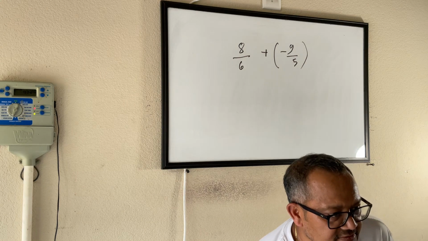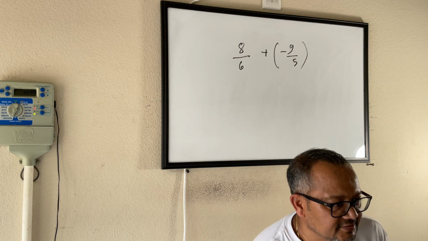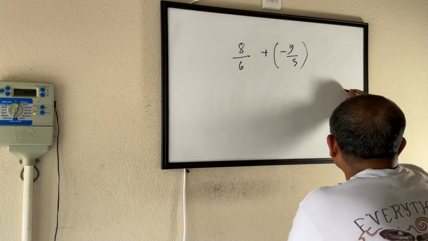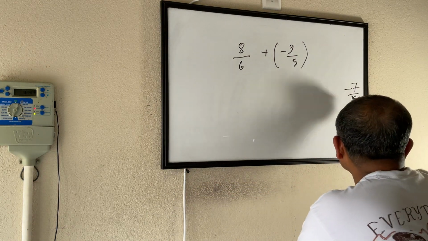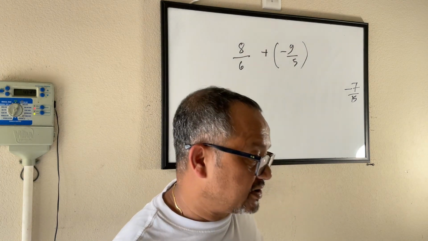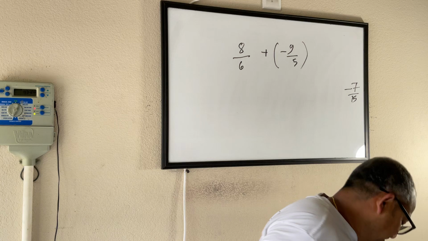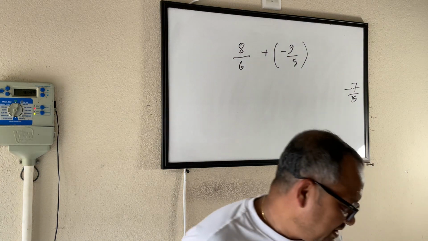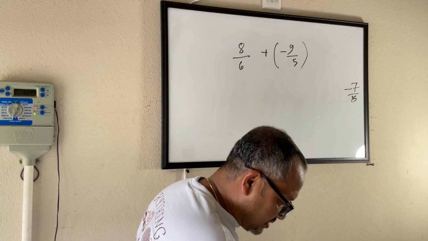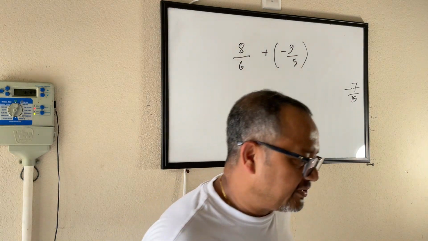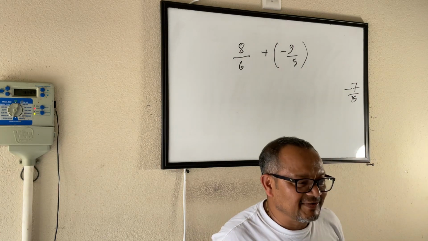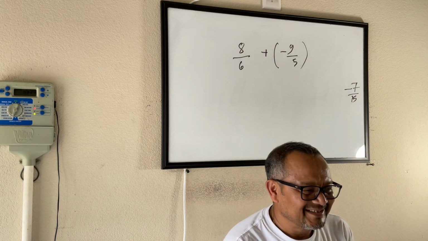Yes, Dikshita. I got negative 7 over 15. Negative 7 over 15. Okay. Don't get biased with Dikshita's answer, okay? While I trust Dikshita as much as I would want to trust any of you, when it comes to math, I am a horrific person when it comes to trusting somebody.